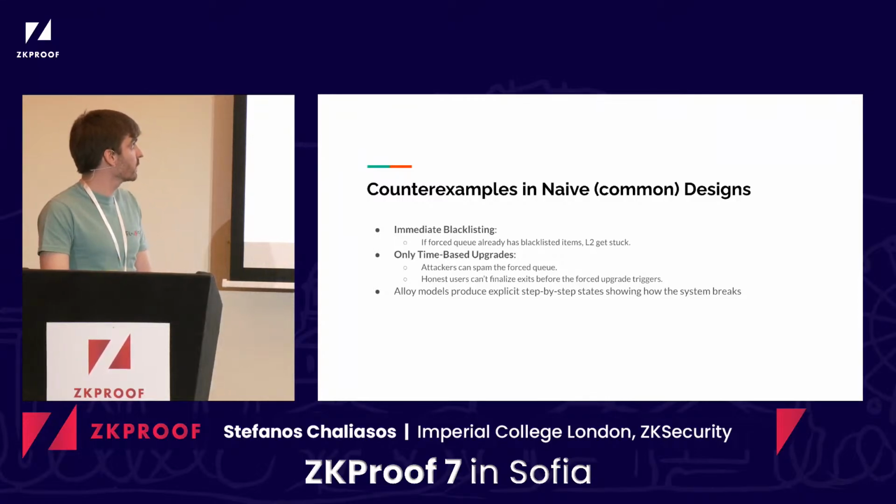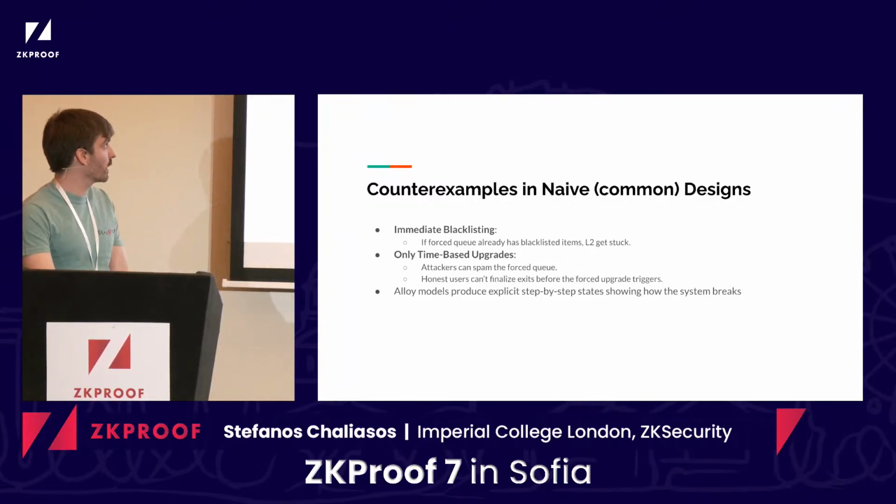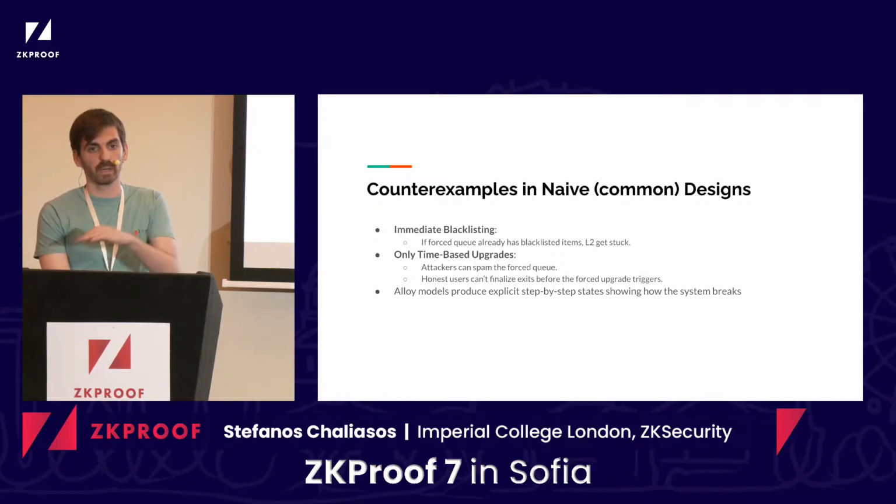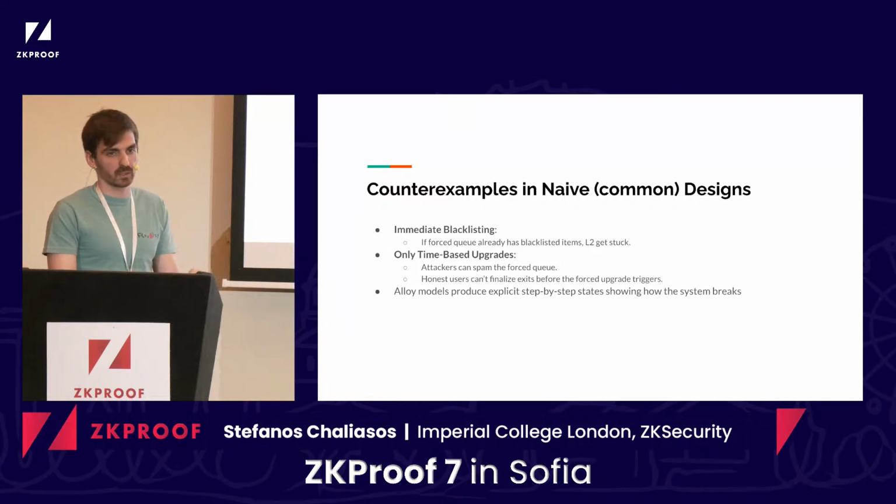And another common mistake we identified is that if we enable immediate blacklisting, given that we have a secure first queue mechanism, then the L2 will get stuck.